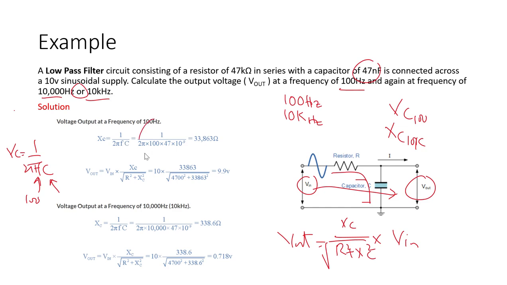So if you put these values in it, 47 nano multiplied by 100 multiplied by 2 pi and whole inverse, we get 33.8k ohm. So this is our XC. Now we can calculate our V out. So V out would be 10 volts multiplied by XC divided by the square root of resistance square plus XC square.